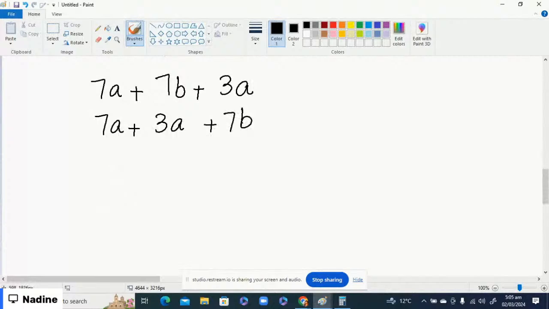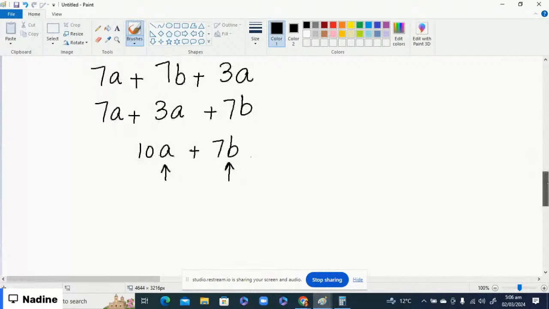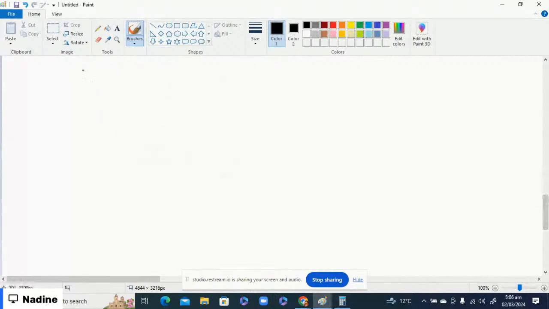That is 10a plus 7b. We are not going to add 10 and 7 together because their variables are different. This is a here, that is b here. So we are going to write the answer that way. This is 10a plus 7b.